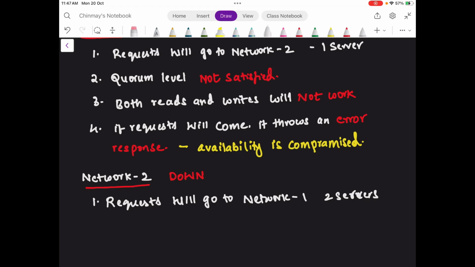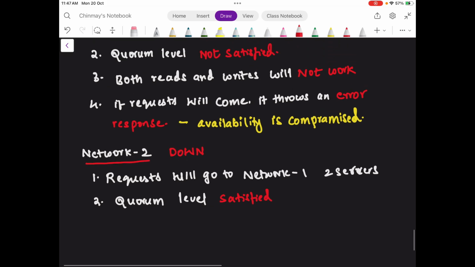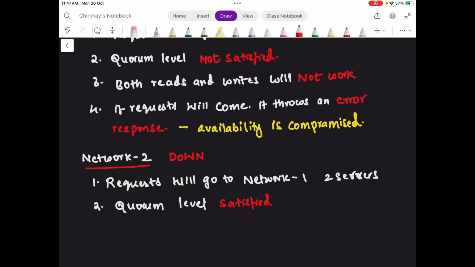Now what happens? The quorum level is satisfied.